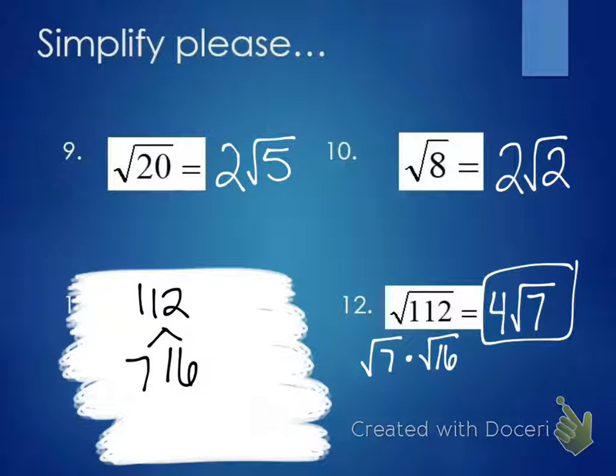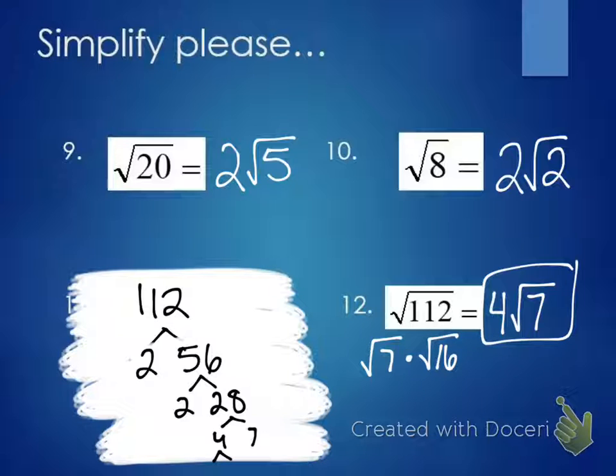Now, if you wanted to break down 112 using, for instance, 2's, you could do that. 2 times 56. 56 would be 2 times 28. 28 would be 4 times 7. 4 breaks into 2 times 2.